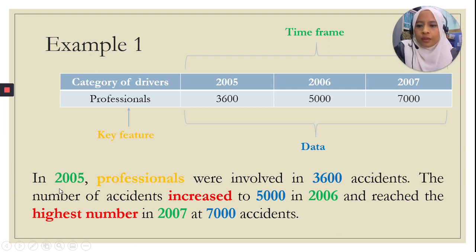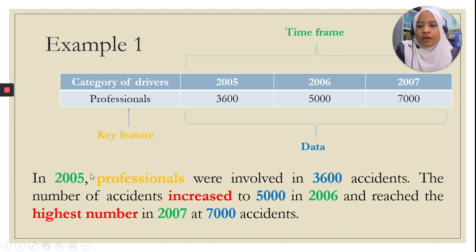In 2005, professionals were involved in 3,600 accidents. The number of accidents increased to 5,000 in 2006 and reached the highest number in 2007 at 7,000 accidents. Okay, so if you look at this analysis, in this example, you can see that out of 5 colors, I have used 4.